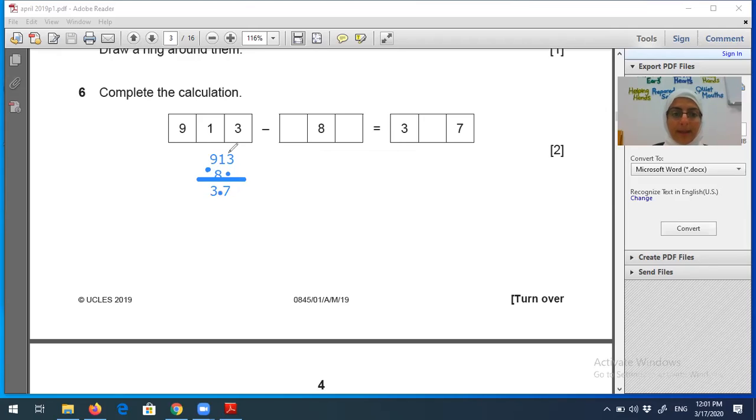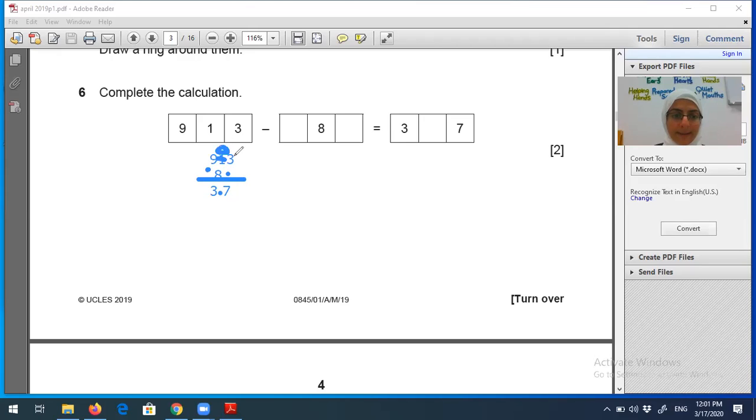So you go like this. You think, okay, 3 minus what gives you a 7? Is there anything that 3 minus gives you a 7? For sure, no. So you need to borrow. So this would be 0, okay?